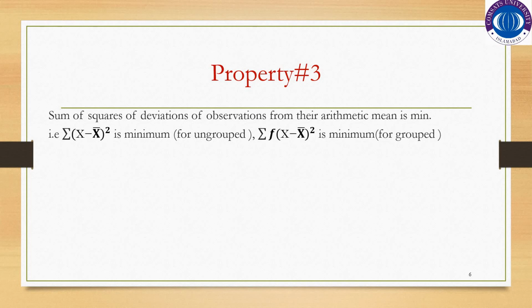Minimum is a relative measure, not an absolute measure. So, it means if we take deviations from the arithmetic mean, take squares and sum them, this sum will be smaller as compared to if we take deviations from some other value and get the sum.